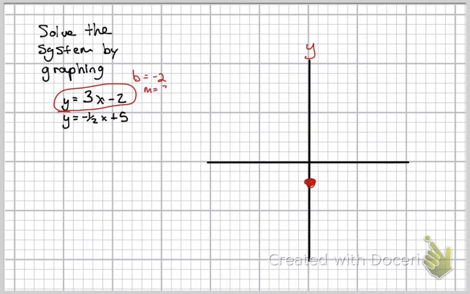My slope on this equation is 3, but we want that to be a fraction, so I'm going to make that 3 over 1. Remember, if it's a whole number, we can always put it over 1 to make it into a fraction. So we have our rise of 3 and our run of 1. Rising 3 would be up 3, and run 1 would be to the right 1.